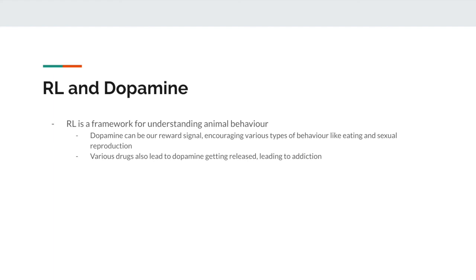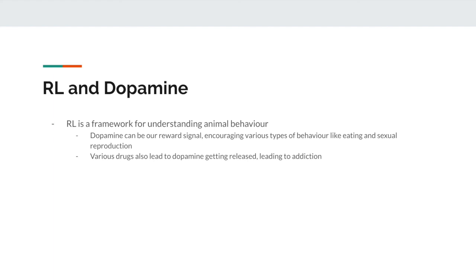And there's actually a lot of evidence that reinforcement learning is implemented in our own brains and a lot of other animal brains, using the neurotransmitter dopamine. And dopamine is basically the pleasure neurotransmitter, right? It gets released when we engage in various types of behavior, from social media to eating to sexual reproduction.